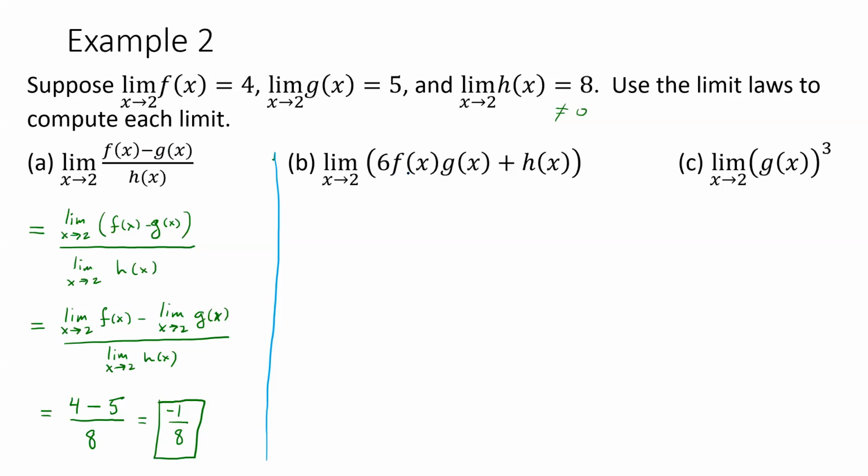Let's do the same thing here. Let's apply whichever limit law we want to apply here. So notice that first of all, I've got 6 f of x, g of x plus h of x. I've got the sum. So let's do the limit as x approaches 2 of the first term.